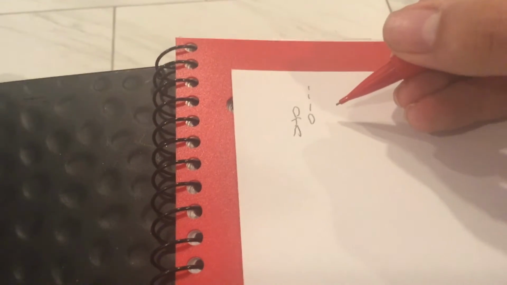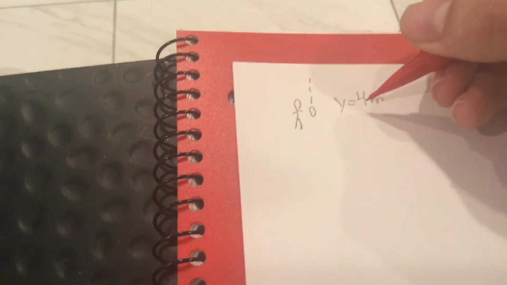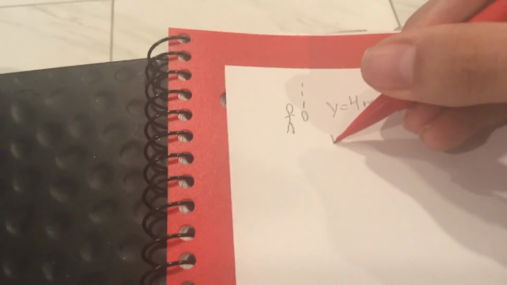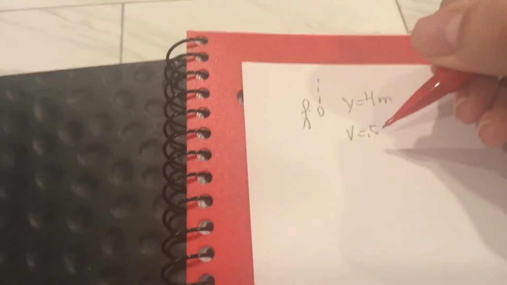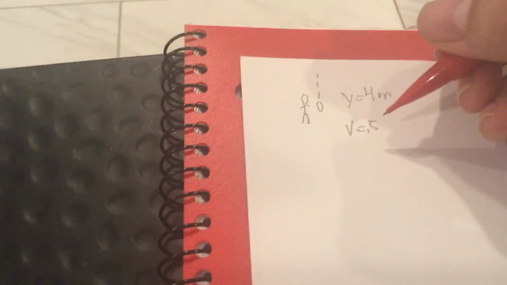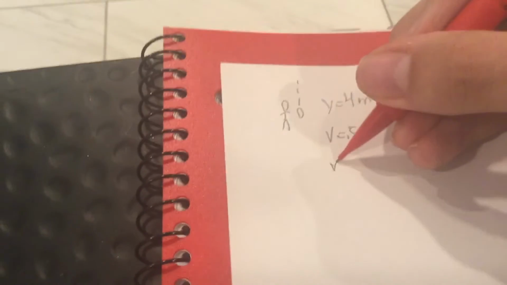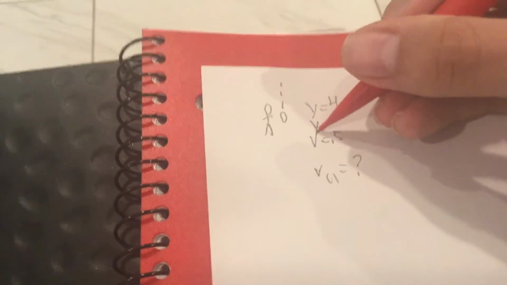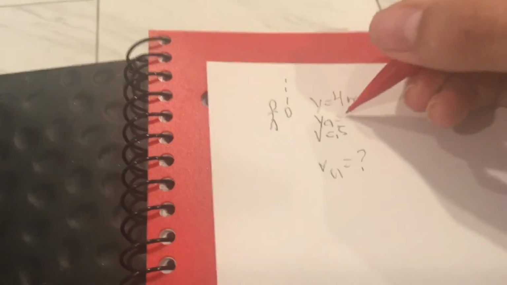When the football is 4 meters above where you left it, so y equals 4, it moves upward at 0.5 meters per second. So velocity equals 0.5. What was the speed of the football when it left your hand? We're looking for v naught, and y naught equals 0.